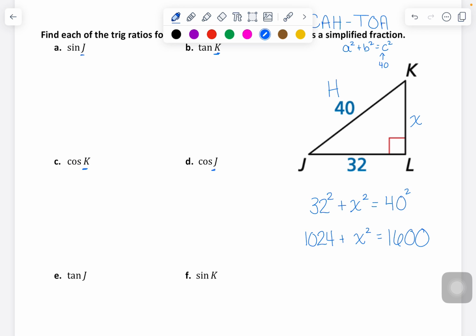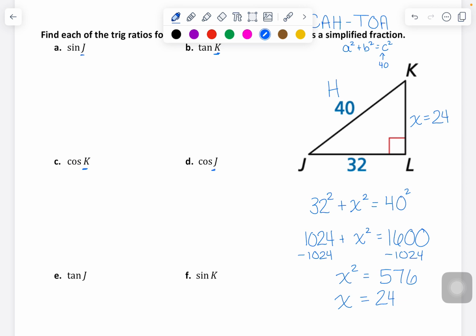My numbers are on opposite sides of the equal sign, and I want to get my X squared alone, so I'm going to be subtracting this. And I get X squared is equal to 576. And the square root of 576 happens to be 24. So this length is 24.